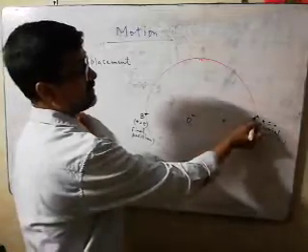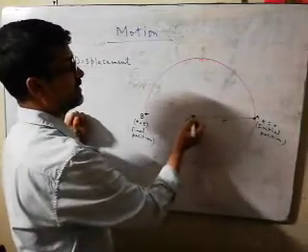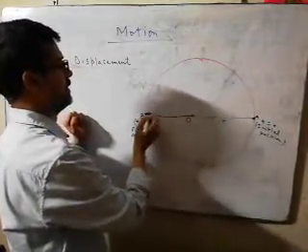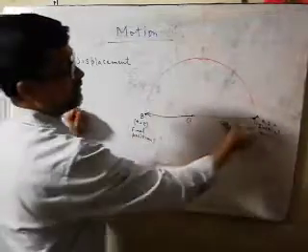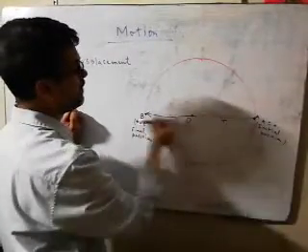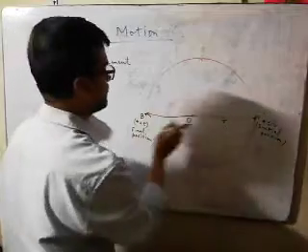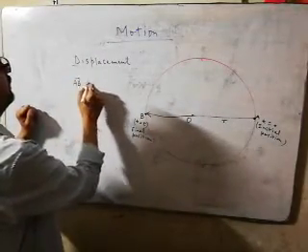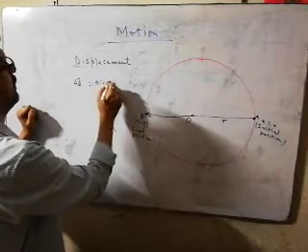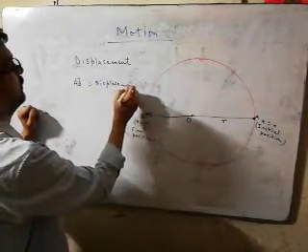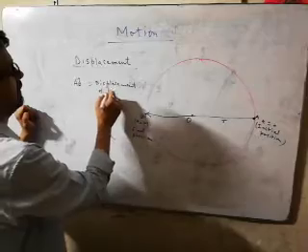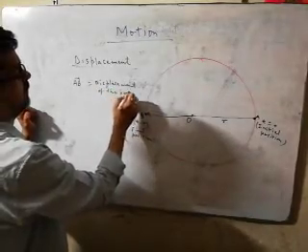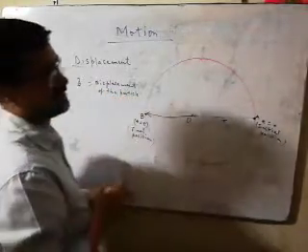So we will join the line here. So AB will give the displacement of the particle in this case.